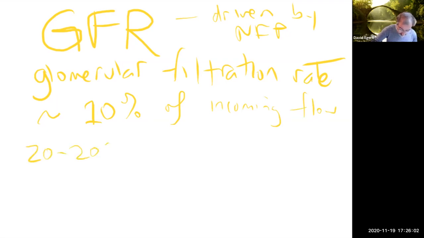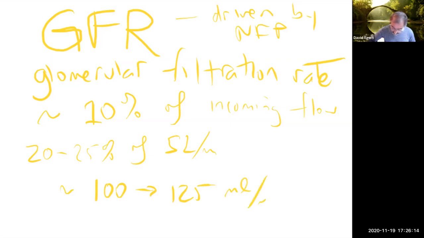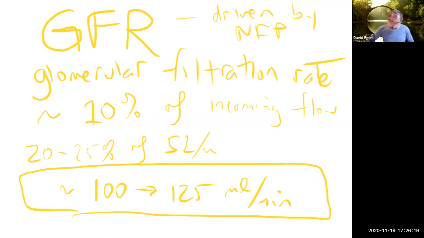So this is going to be 20 to 25% of that 5 liters per minute. So it's around 100 to 125 milliliters per minute. This is a typical glomerular filtration rate, and this is across all the nephrons in both kidneys.